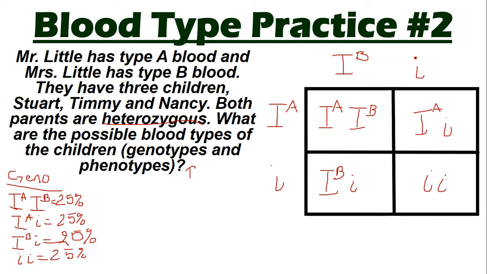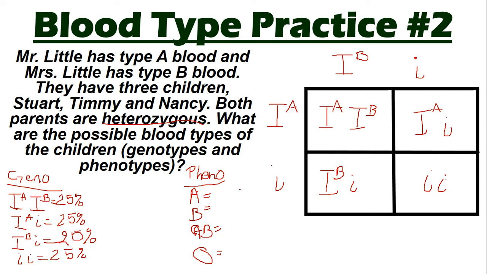All right. Phenotypes. Remember, we have four blood types: A, B, AB, and O. So let's look up here. How many boxes are for the genotype for blood type A?